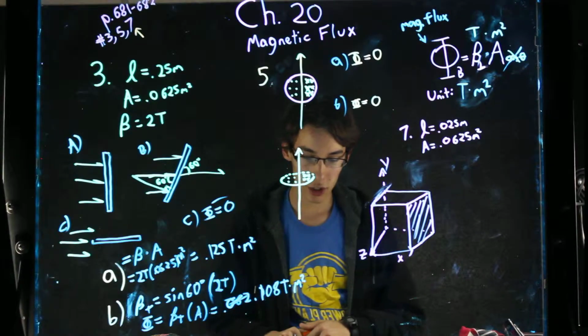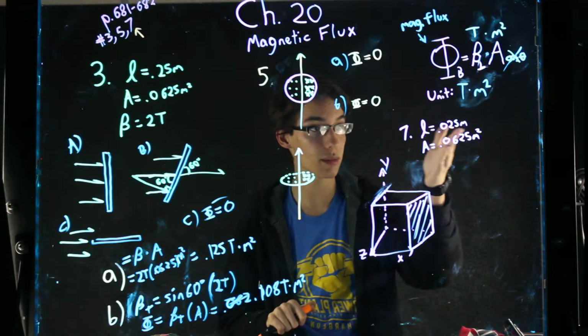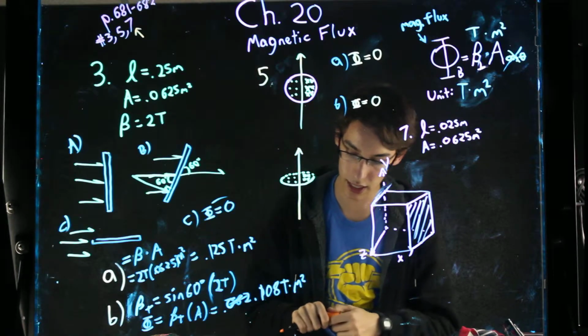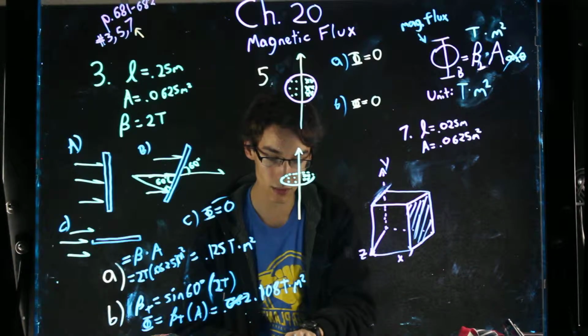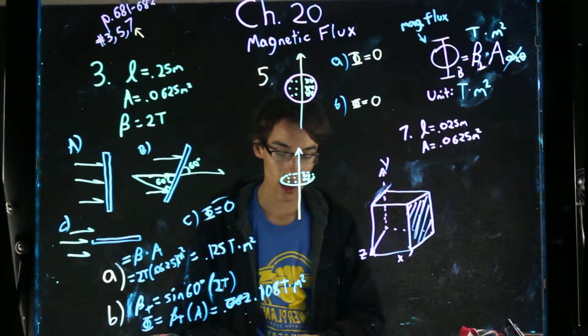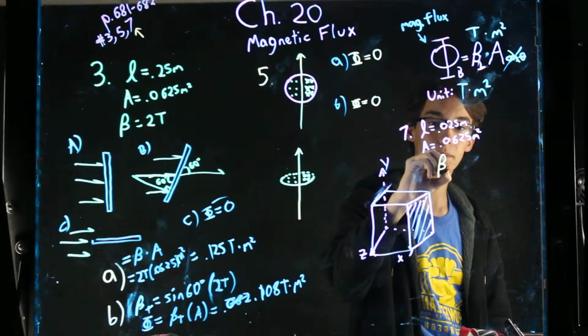So, a cube of length L is 2.5 centimeters, and so I've taken the liberty of converting that to meters. There's a uniform magnetic field throughout the region that has the following components. So I'm going to write this in component form.